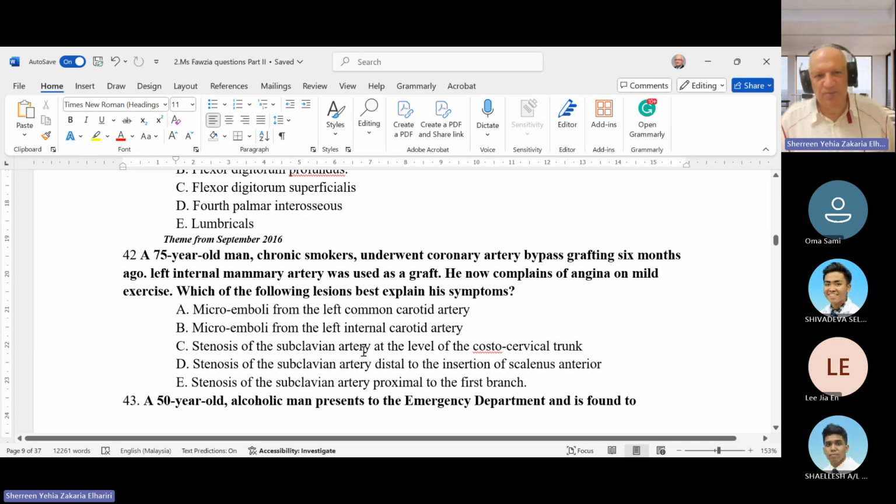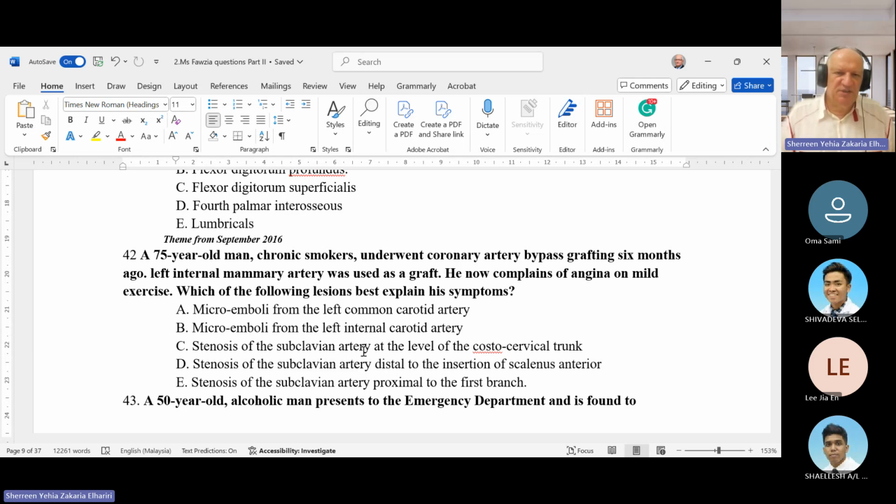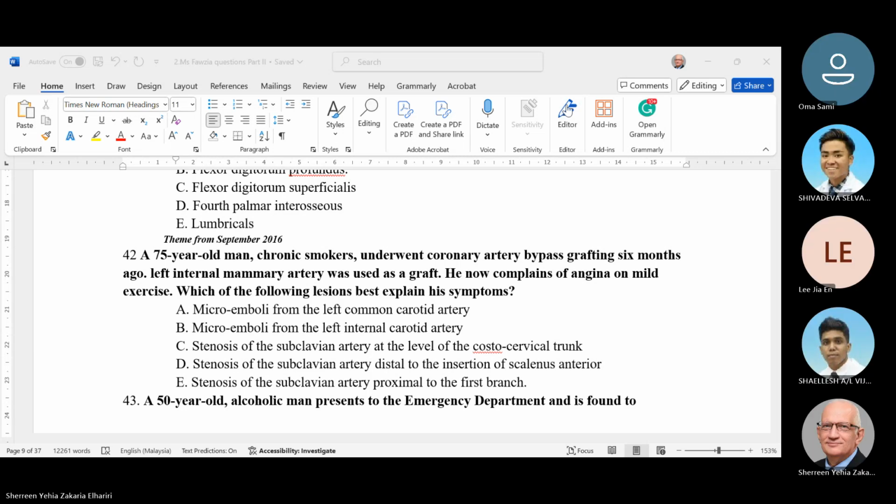Is it distal or proximal to the first branch? Anyone have an idea? Okay, so it is a stenosis of the subclavian artery, proximal, meaning before the first branch.